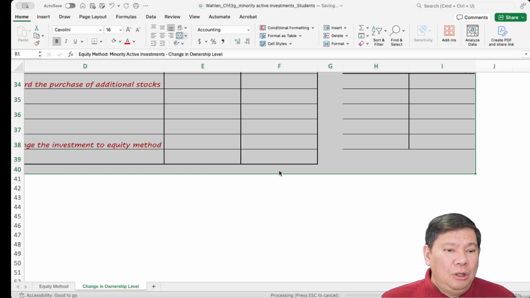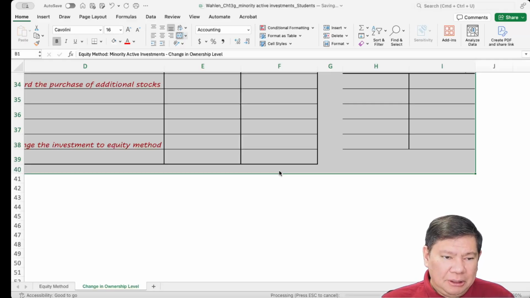We are going to use this value for our equipment transaction because we have to use the borrower's incremental borrowing rate when the value of the asset and the value of the notes cannot be determined.